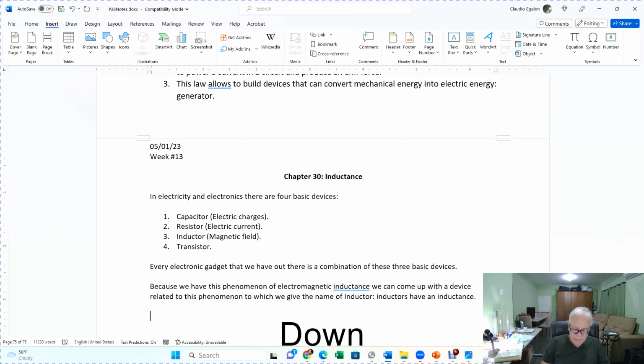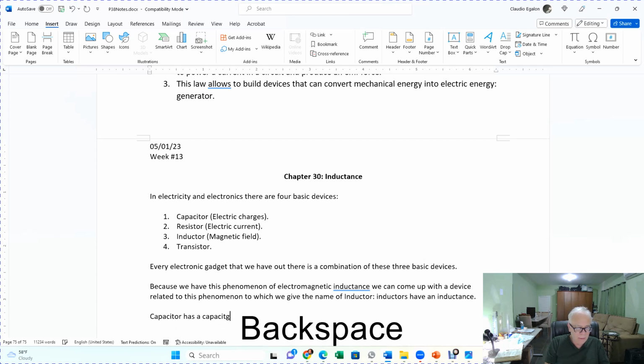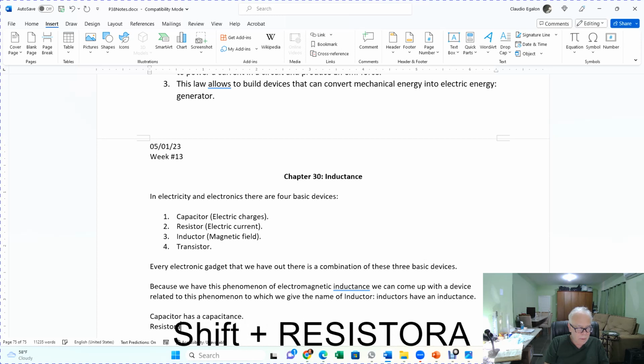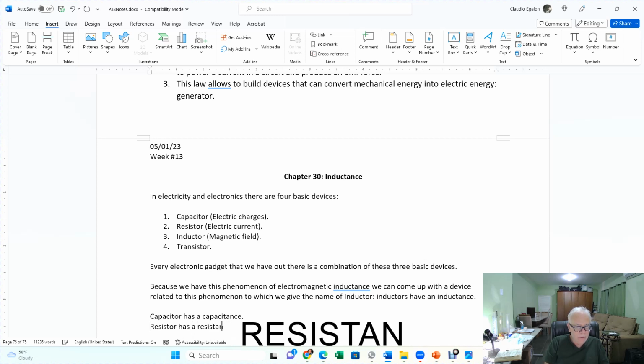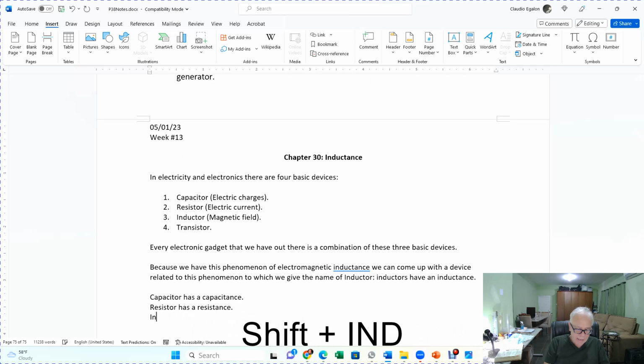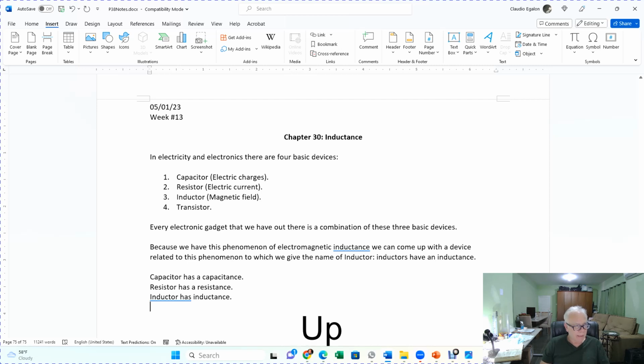By the same token that a capacitor has a capacitance, a resistor has a resistance, an inductor is going to have an inductance. So let's see how we define the inductance of an inductor, right?